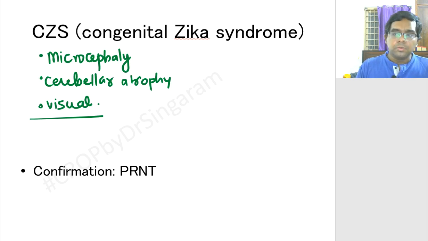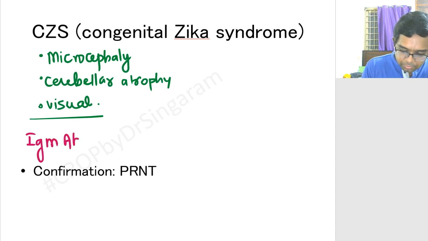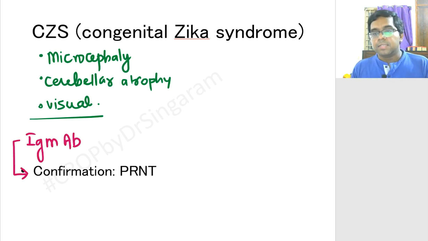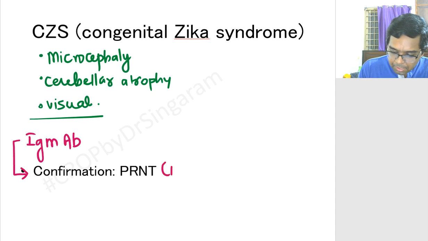Now, how do you make a diagnosis of congenital Zika syndrome in a baby? It is with the help of testing for IgM antibody. IgM antibody testing is going to be helpful. But please remember, if they ask you what is the confirmatory test for congenital Zika syndrome, it is PRNT, the plaque reduction neutralization test.